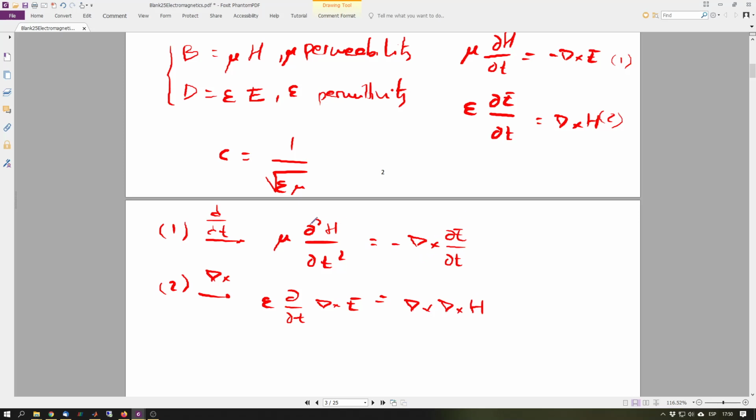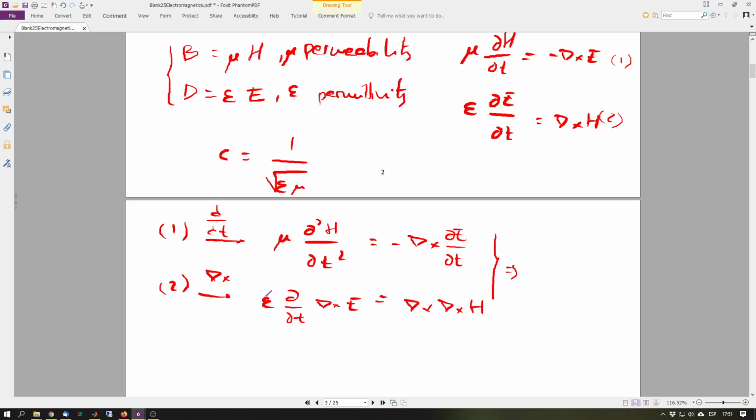We see that these two quantities must be the same with the opposite sign, because we can swap time and spatial derivatives in this case.